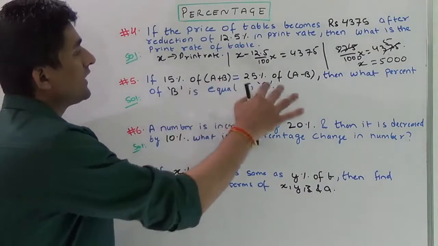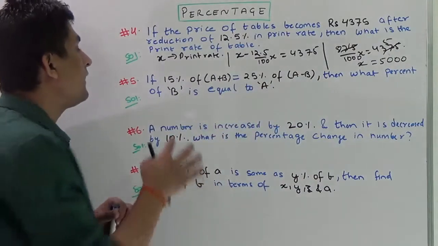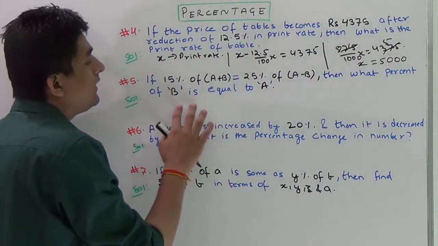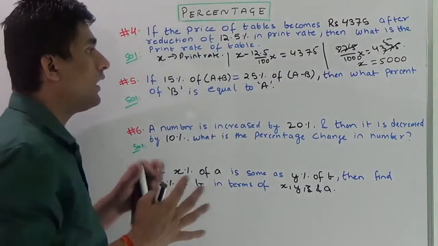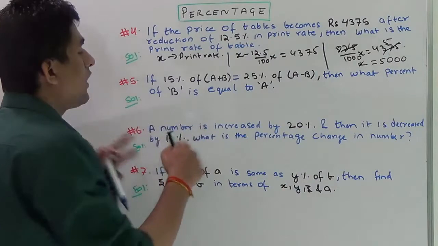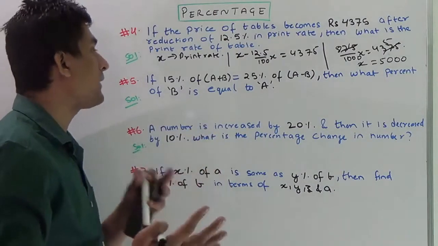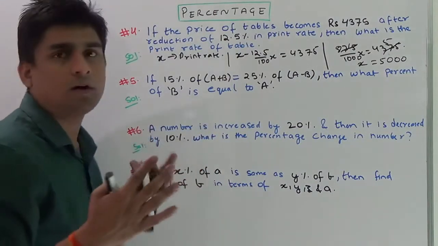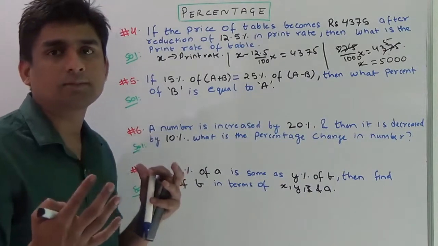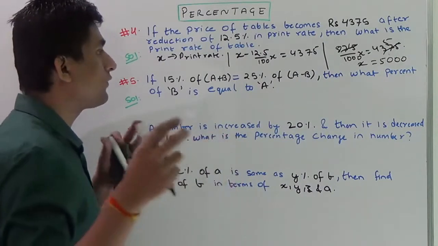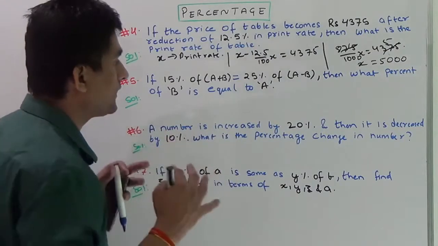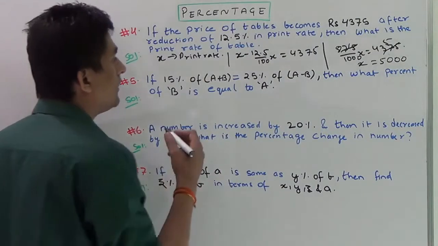Two equations are given, and we have to find the percentage of b which is equal to a. Sometimes students get confused about of whom we have to take percentages. As we know, percentage is a relative concept, so we cannot solve without putting the variables in the right position.